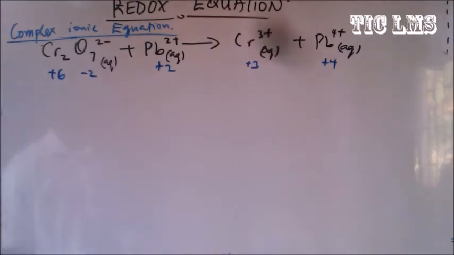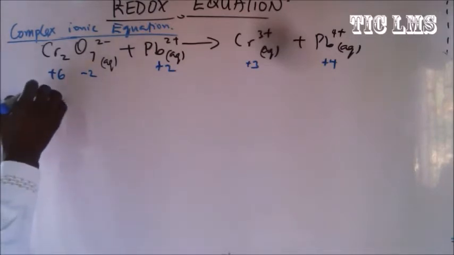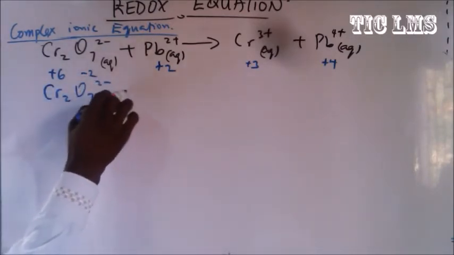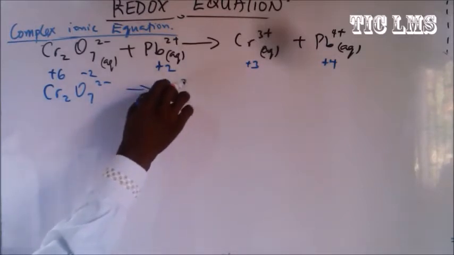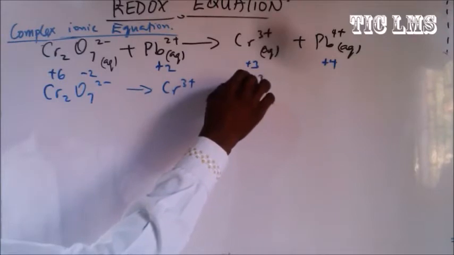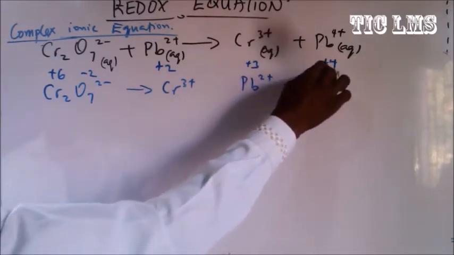Next, we'll write the half cell equation for both the reduction and oxidation reaction. For chromium, we have Cr2O7 2- becoming Cr3+, and for lead Pb2+ becoming Pb4+.